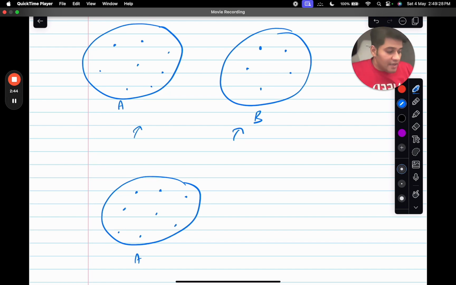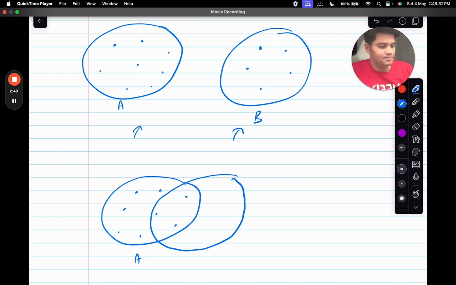Now see this intersection, B. If you take a look at only B, you would see that you have 5 data points here, representing that 5 people are in set B or 5 people learn chemistry. But if you look at set A, I can also say that 1, 2, 3, 4, 5, 6, 7, 8 people learn physics.